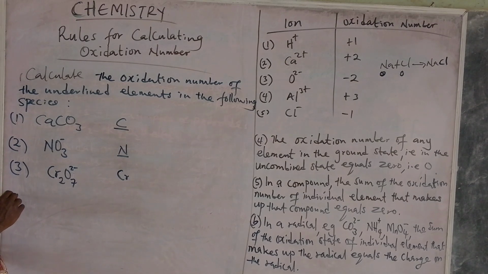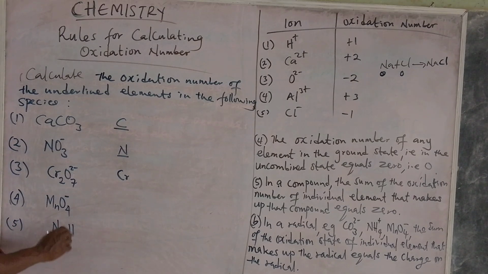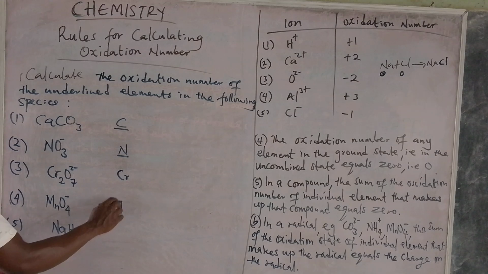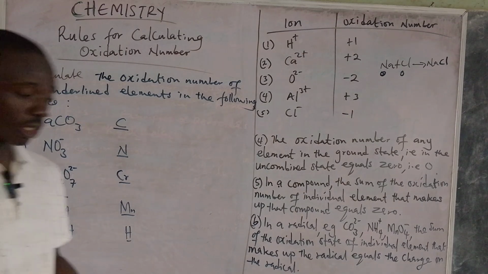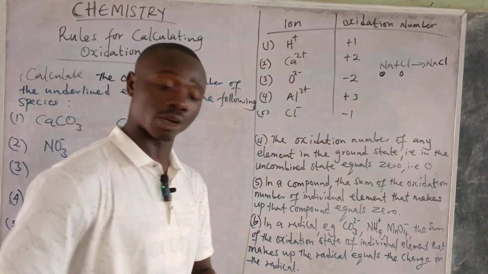Number 4, MnO4-, Mn. Number 5, NaH, here we have H underlined. Okay, so let's confirm that with some of these rules I just gave to us.